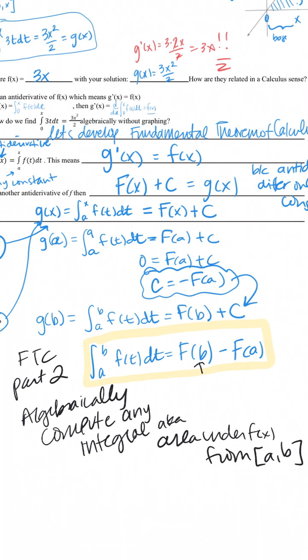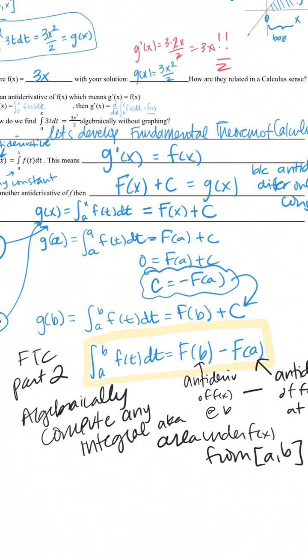Capital F of b means the antiderivative of f of x at b, and capital F of a means the antiderivative of f of x at a. And we subtract them. So it's going to be a number minus a number, which is going to be a number, which is going to be an area.